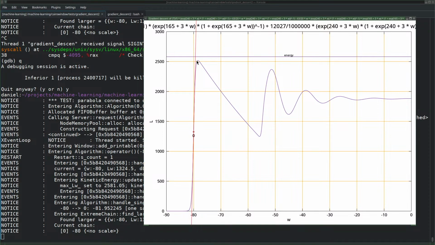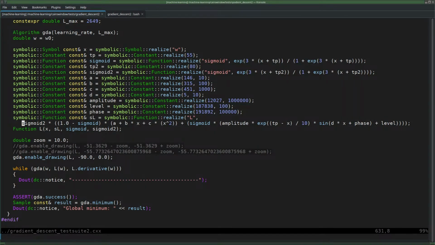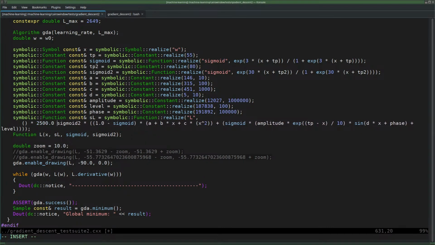Even a little bit higher would be nice. I don't know. I just start with 2500. So this sigmoid must be faster. That's probably the 3. And I said like 10 times faster. So then here we do something times 2500. And this then should be 1 minus sigmoid 2.